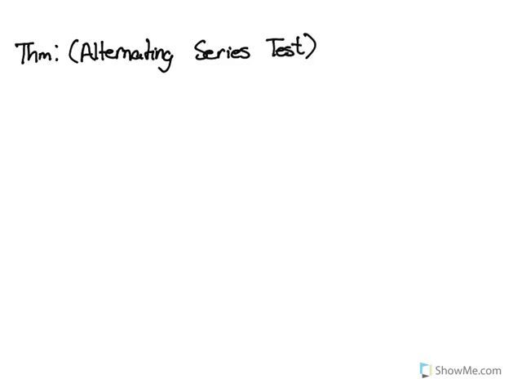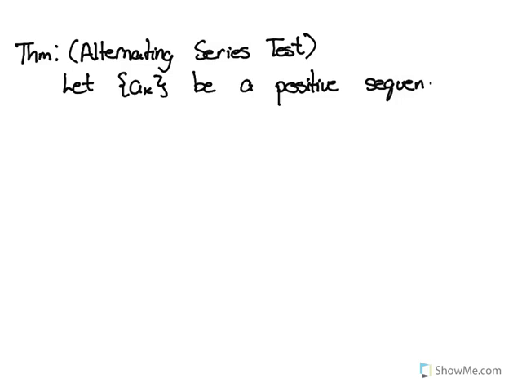What the alternating series test says is, suppose we have a sequence of positive numbers, let a_k be a positive sequence such that it is decreasing, so a_{k+1} is less than or equal to a_k.